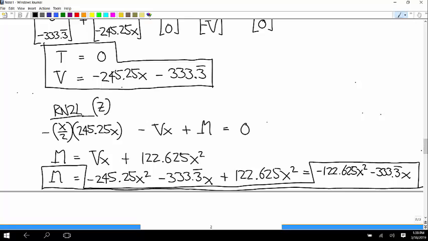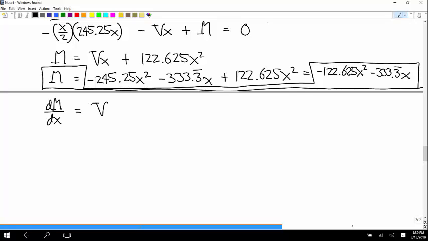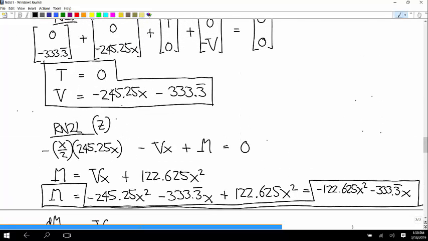We can do the derivative checks to make sure this works out. So remember, dM/dx has to be equal to V. So you get negative 245.25x as the derivative of that, minus 333.3, and that's what you get.